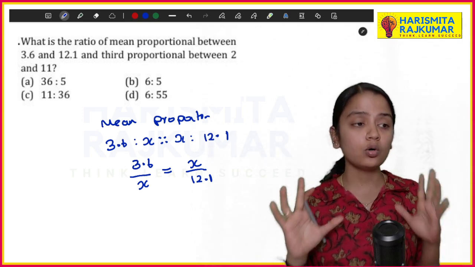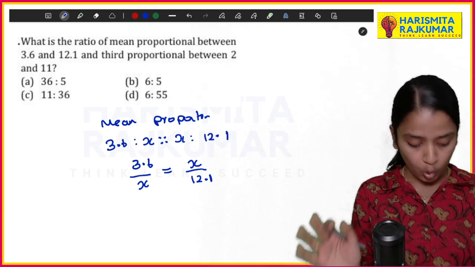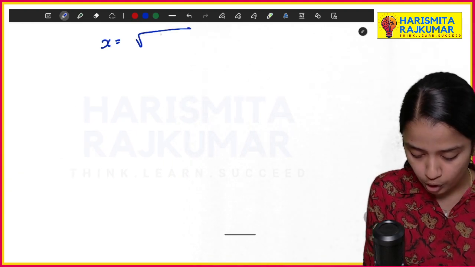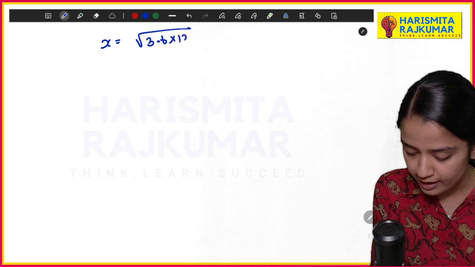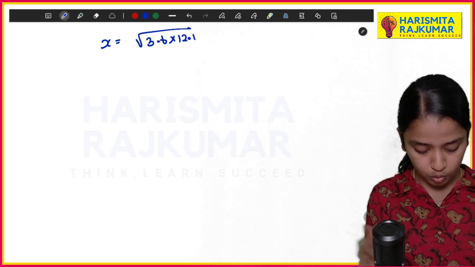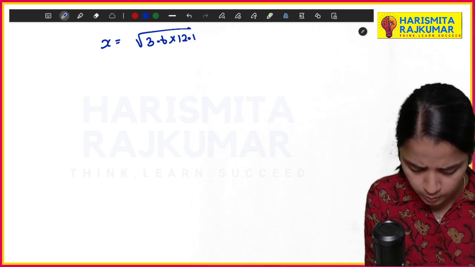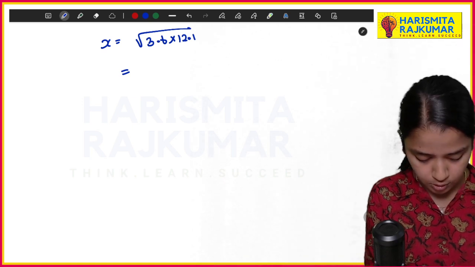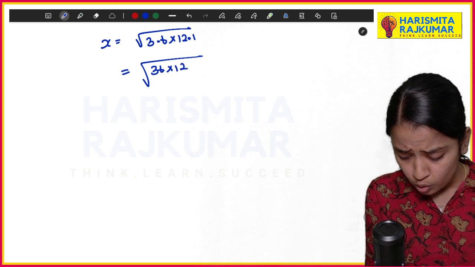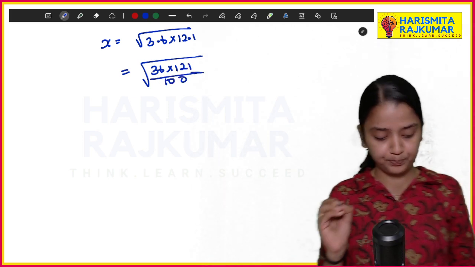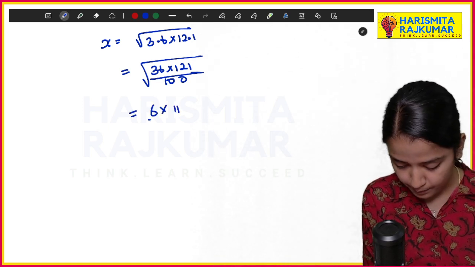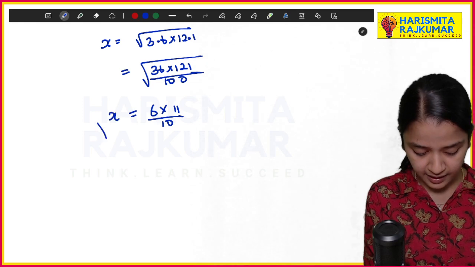After that, x will be the root of 3.6 into 12.1. If I simplify it further, it is 36 by 100 times 121 by 100, so it will be 6 into 11 by 10. That is my x.